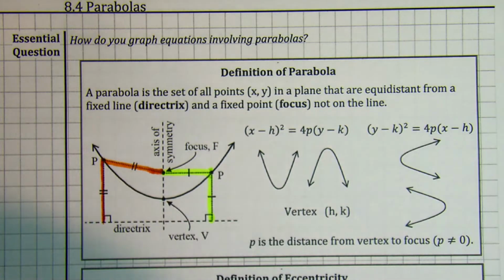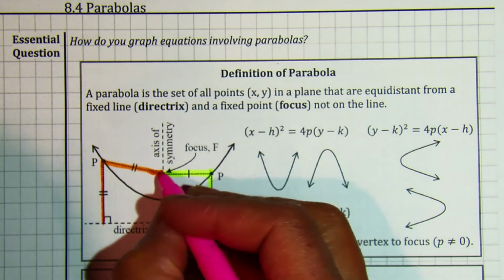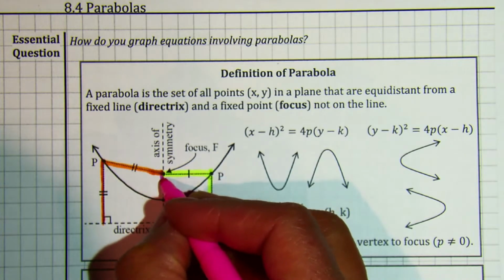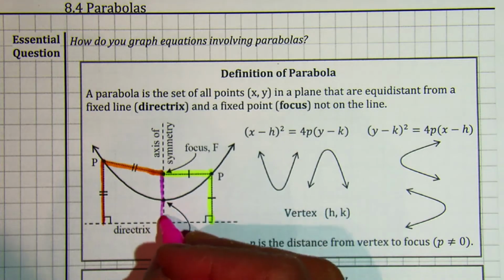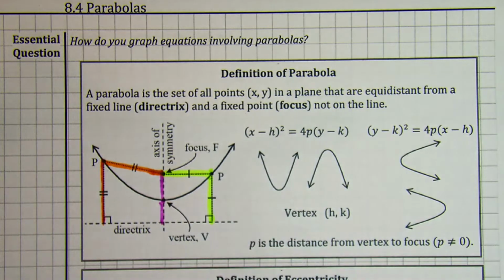Therefore, if you go from your focus down to your vertex and down to the directrix, those two segments are also congruent.